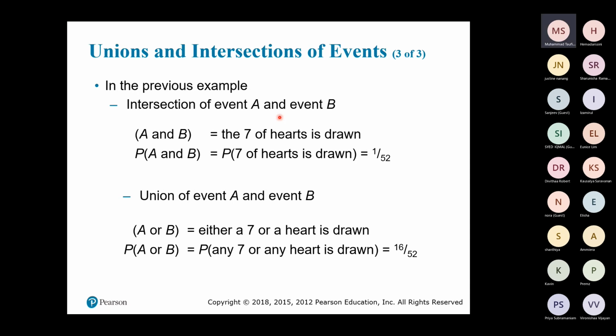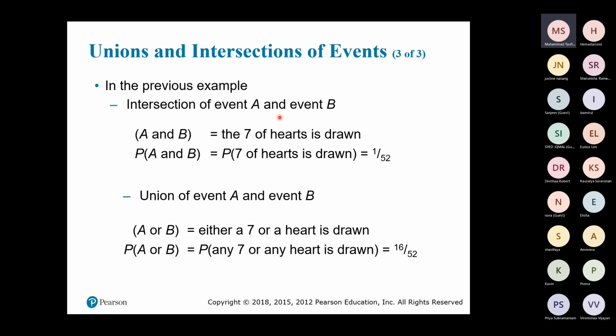We already know that for the card of 7, we have 4 cards, and then we have 13 cards of hearts. So what is the probability that you will pull a 7 or a heart? To pull a 7, the probability is 4 over 52, if you still remember.